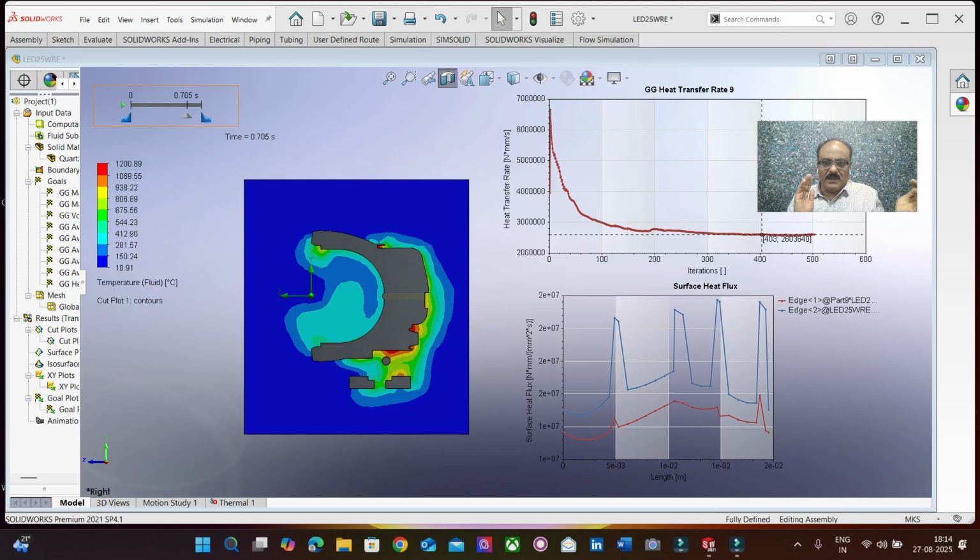It can be Nastran, ANSYS or Abaqus, or CFX, Fluent, or Flow. Any tools.